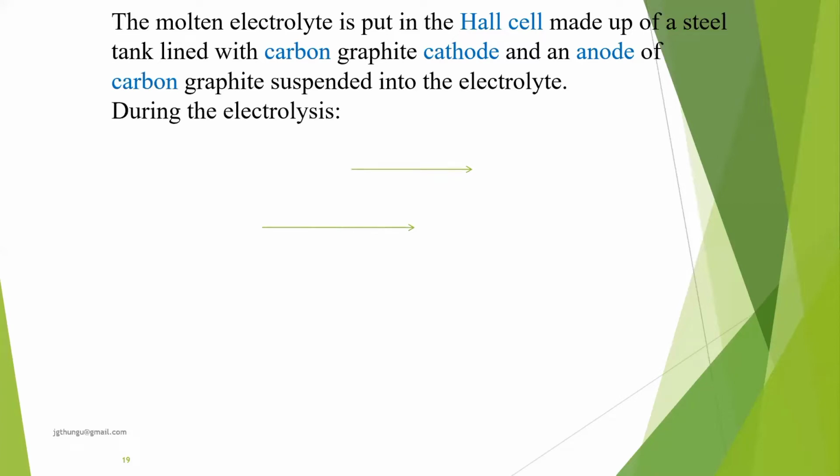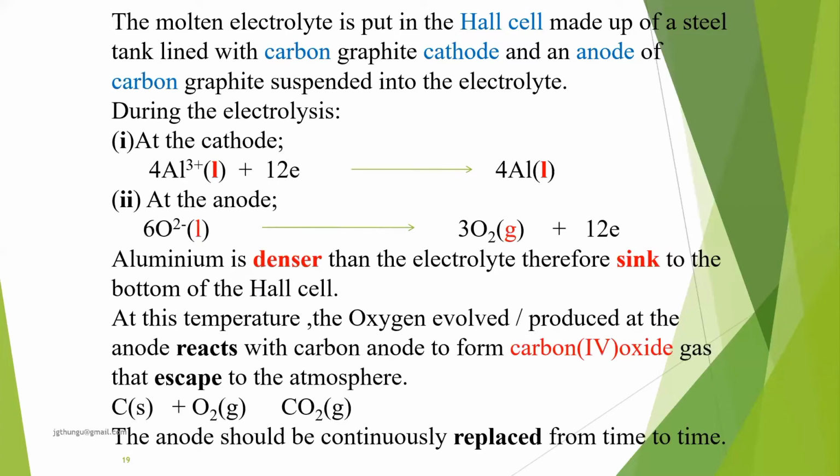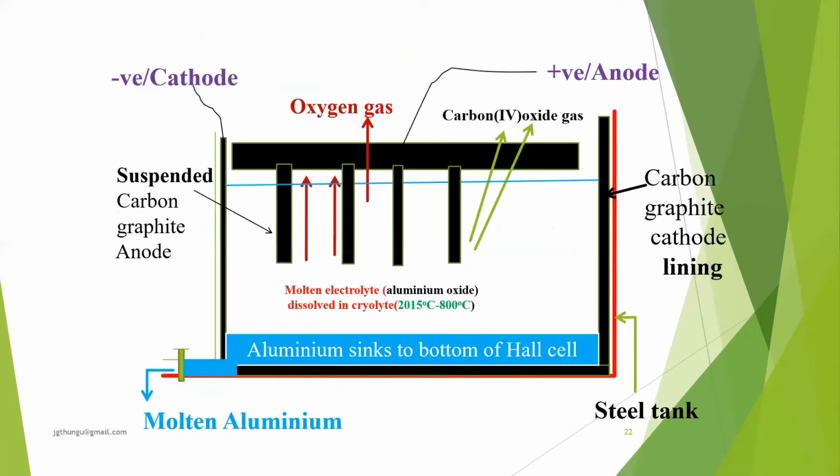During electrolysis, but before that, let's look at the structure itself first. This is the Hall cell. Let's look at the various parts of the Hall cell and see where various substances are. So I've said that this Hall cell is made up of a steel tank, whereby inside there is the graphite, which forms now the what? The cathode.